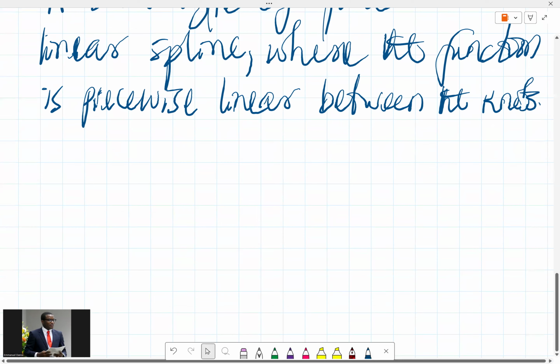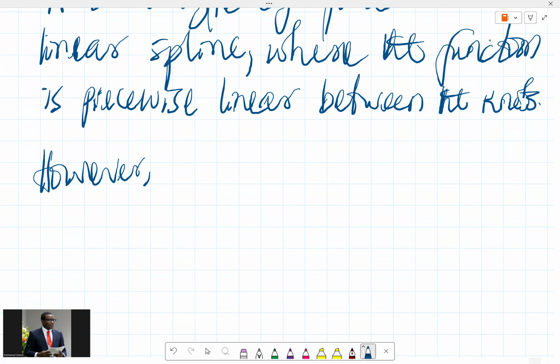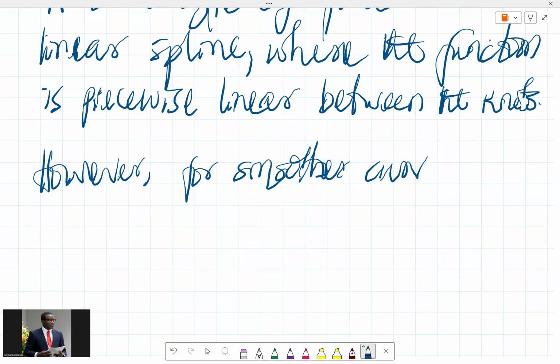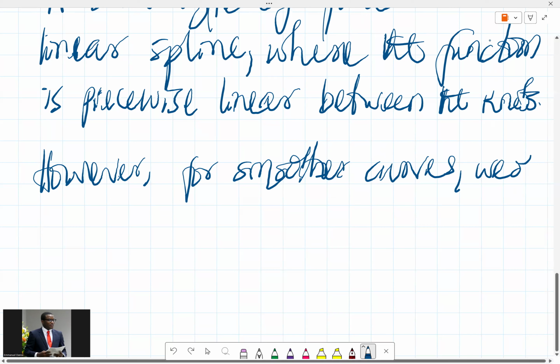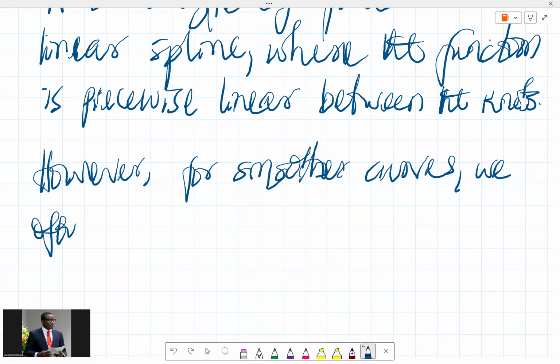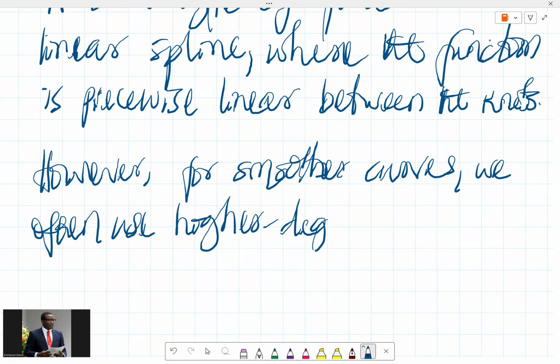However, being linear, it is going to be very sharp. So for smoother curves, we often use higher degree polynomials.